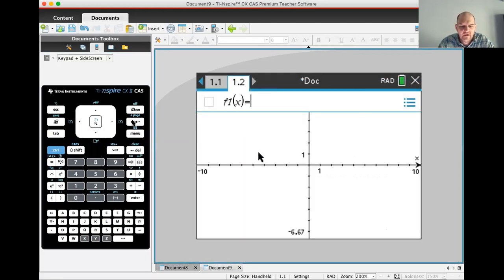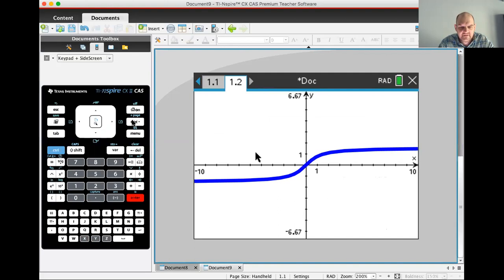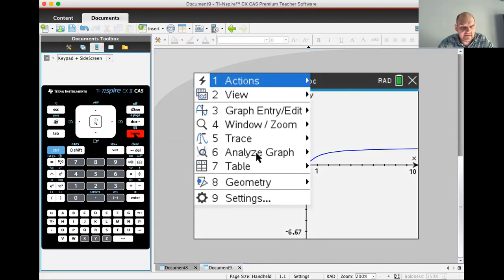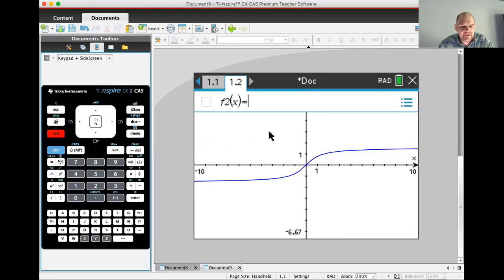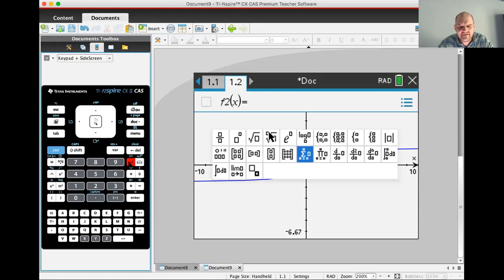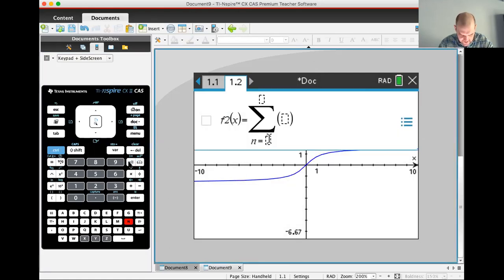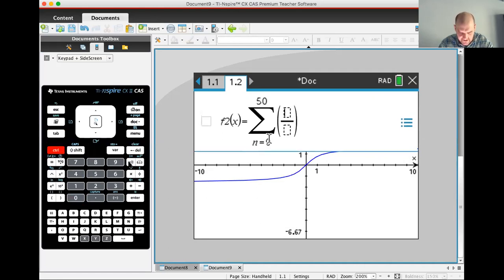Maybe. f of x, and then, so what am I even doing? Tab. Okay, and then I want to do the summation from 0 to, let's just start with 50 and we'll see. -1 to the n, x to the 2n plus 1, and then 2n plus 1.